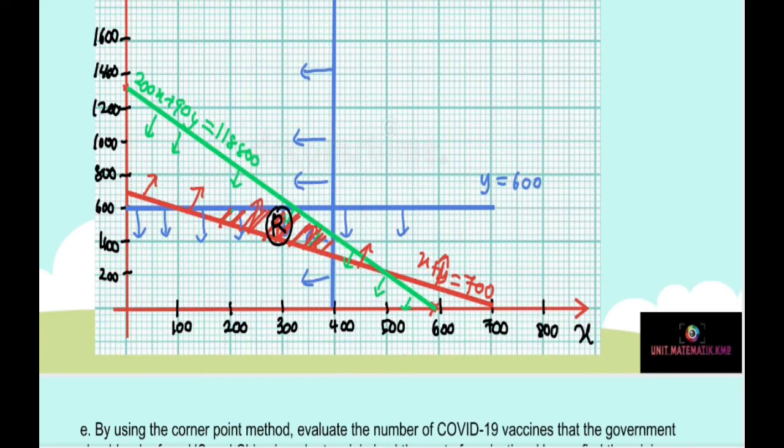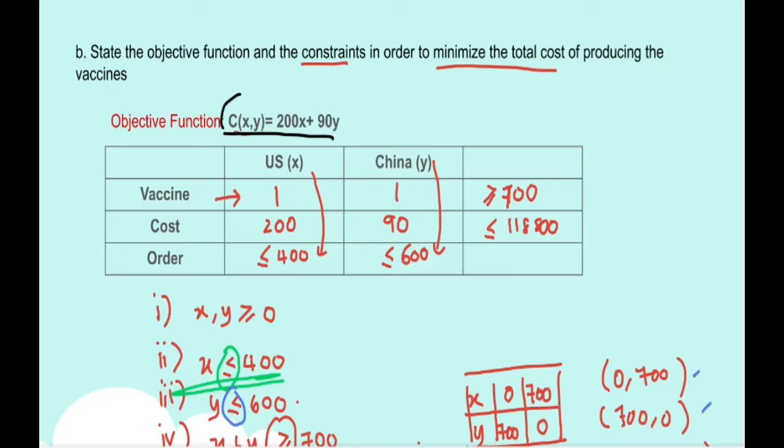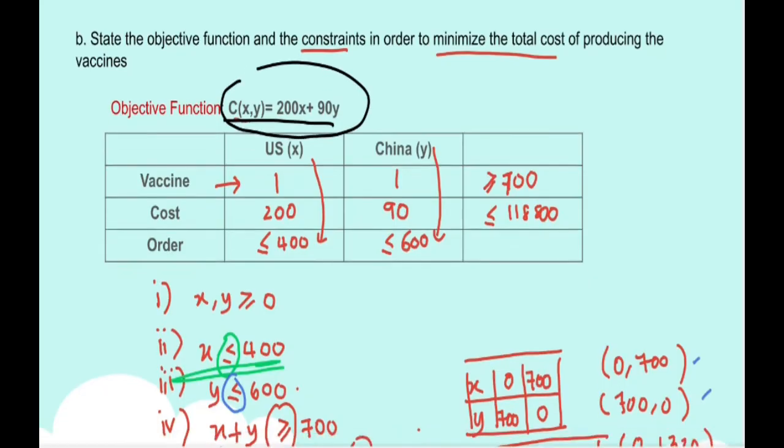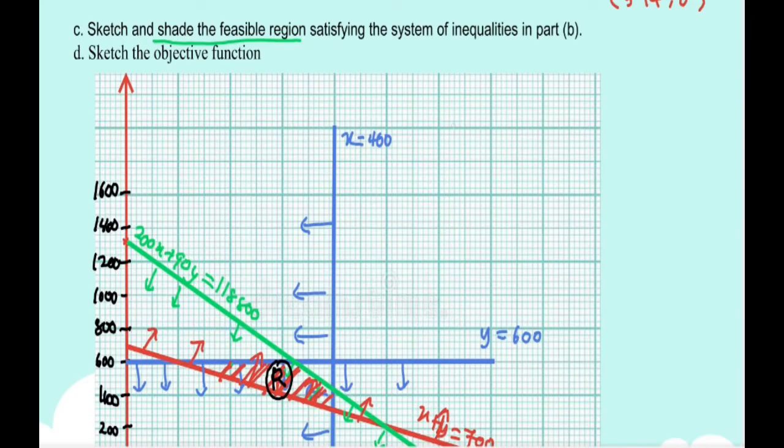Then question D asks you to sketch the objective function. We know that the objective function is 200x plus 90y. This is the objective function line.